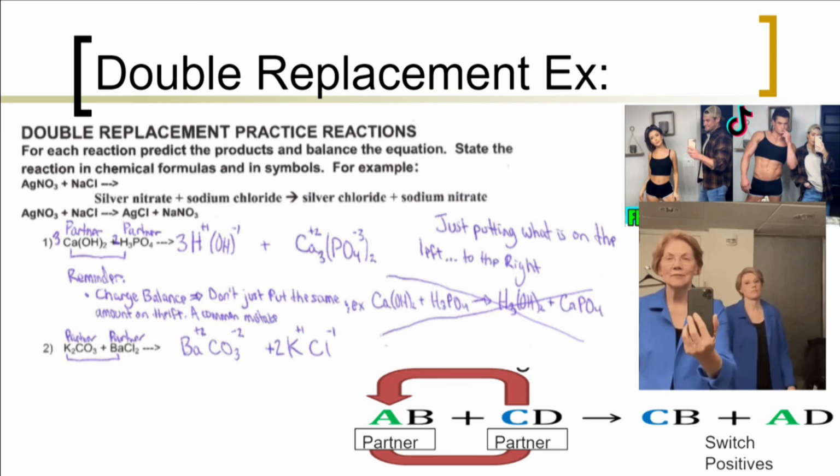Both of them are +2 and -2, so you only need 1 of each. Same thing with the potassium and chlorine: potassium is +1 and chlorine is -1, so they only need 1. In order to balance it, I put a 2 in front of the KCl, and that should be good. But you have to make sure, once again, that you switch the partners and then charge balance it.